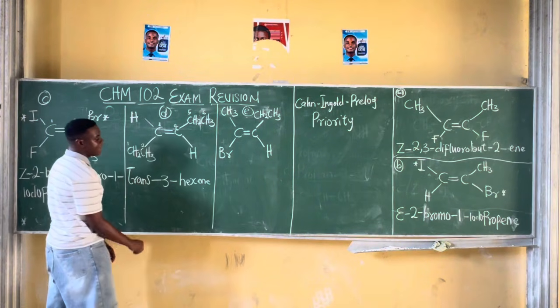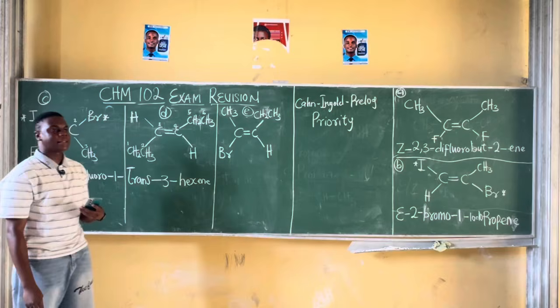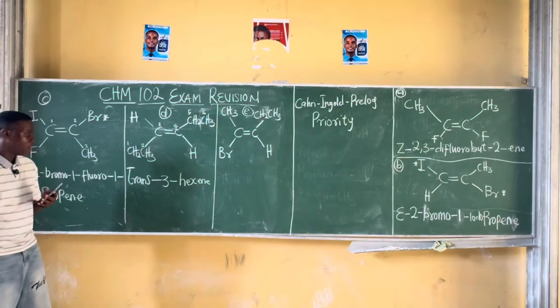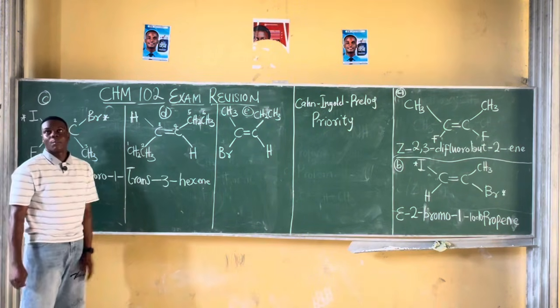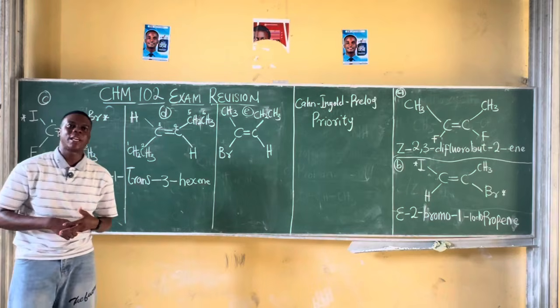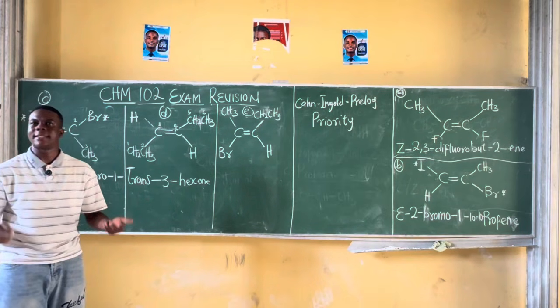Trans-3-hexene. Okay? Trans-3-hexene, please. All right. Now, you know that this is correct, but sometimes, from IUPAC rules, they'll say that we should put the hex before the ene, something like that.